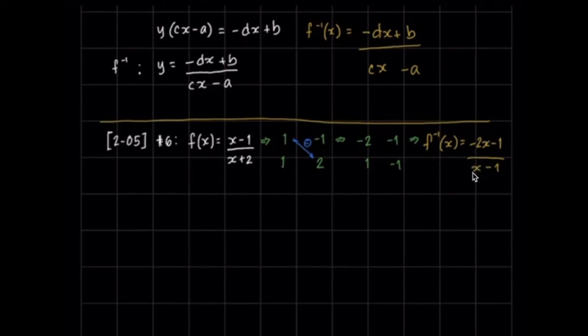So, y equals negative 2 over 1 or y equals negative 2. Yun din yung hindi pwedeng value ng function natin. So, ang range din natin ay pareho ng value dun sa constant ng horizontal asymptote. So, it's y is not equal to negative 2.